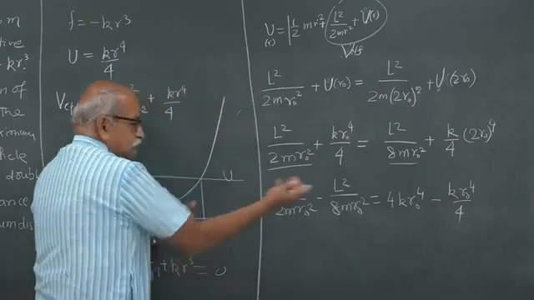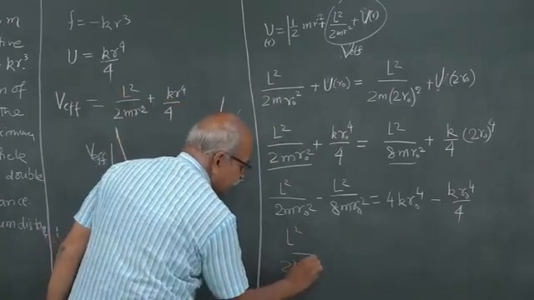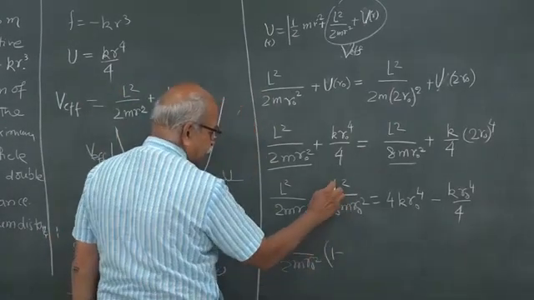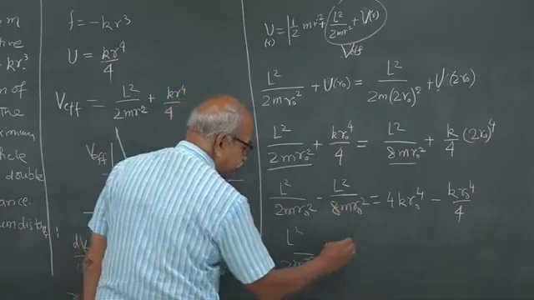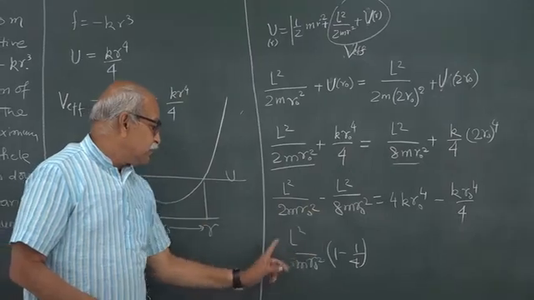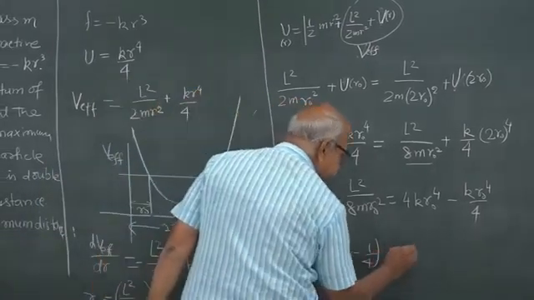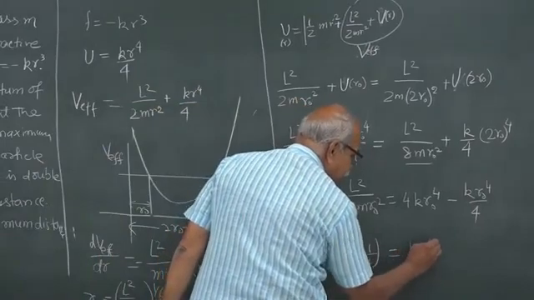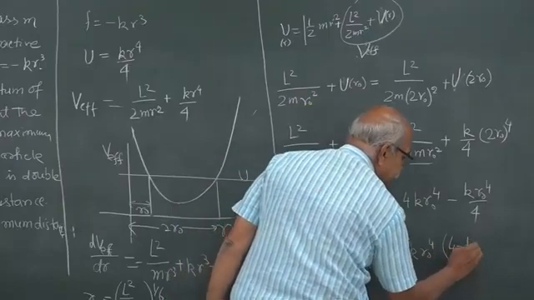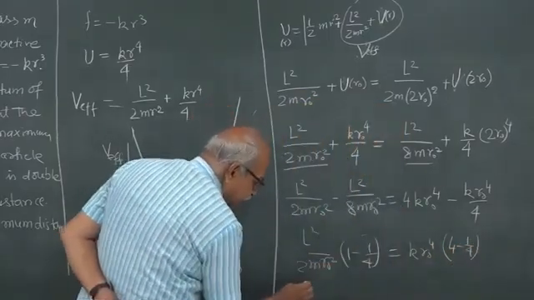Alright, so it is easy to calculate. L square by 2 m r naught square, and then you have 1 minus 1 by 4. Correct, 1 by 2 is here and 1 by 4 is here, and this side k r naught to the power 4 and then you have 4 minus 1 by 4. So, this is 3 by 4, and this is 3 by 4.